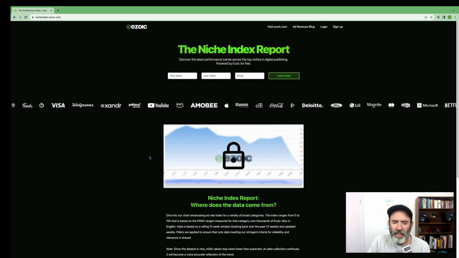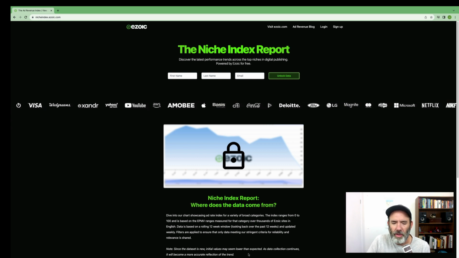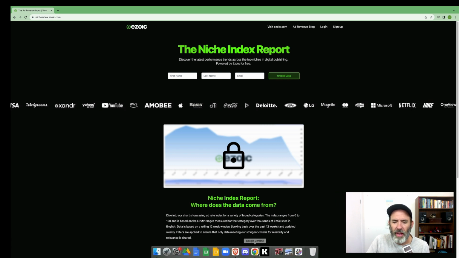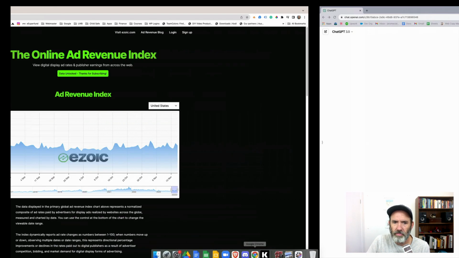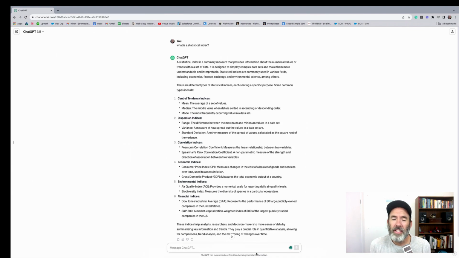Now, I asked ChatGPT what the benefit of an index was, and it suggested that a statistical index summary is a measure that provides information about the numerical values or trends within a dataset. It's designed to simplify complex datasets and make them more understandable and interpretable.